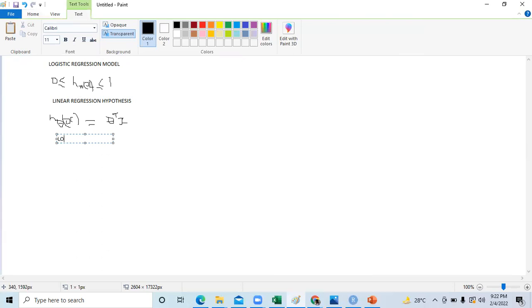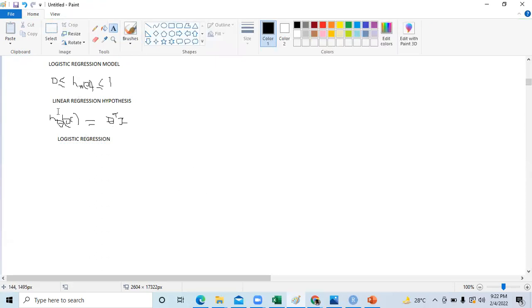But for logistic regression, our hypothesis representation will take a little form. So what we'll do is that instead of this, we're going to have h of x equals to, so we'll put this inside the g. So we'll have g of theta transpose x, right?